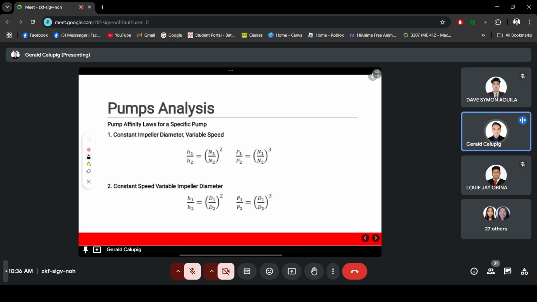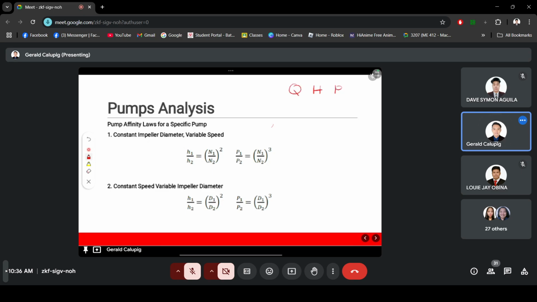These laws are useful to predict how changes in these parameters affect pump performance, particularly when you're working with a specific pump model. But first I can draw the table for the pump affinity laws.